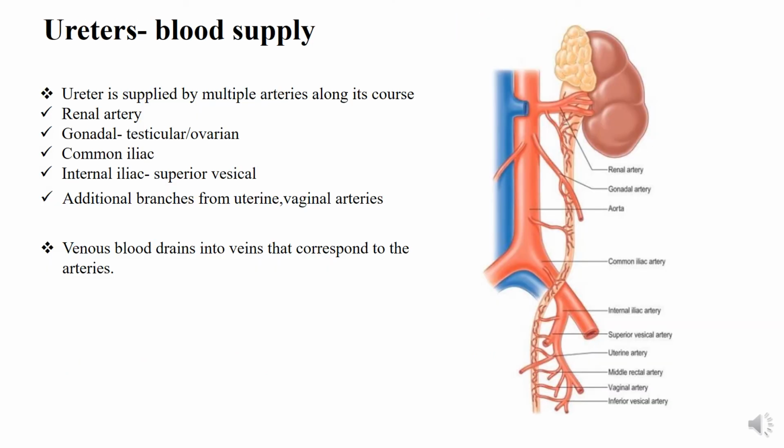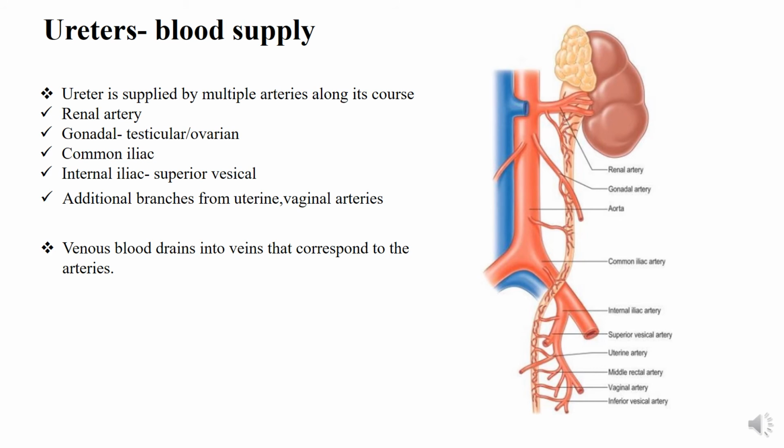Regarding the blood supply to the ureters, each ureter is supplied by multiple arteries along its course, and these branches come from the renal artery, from the gonadal artery, from the common iliac artery, and some from the internal iliac artery, especially through the superior vesical artery.